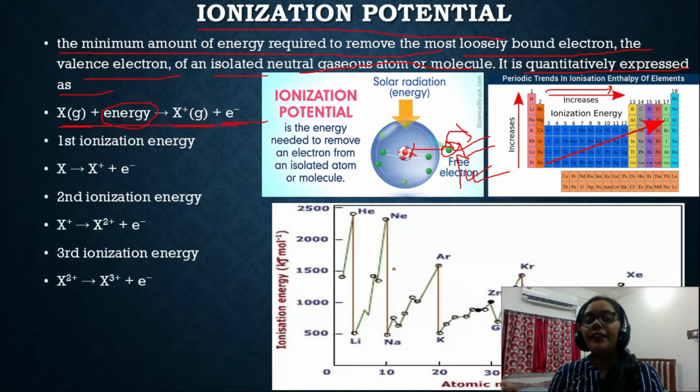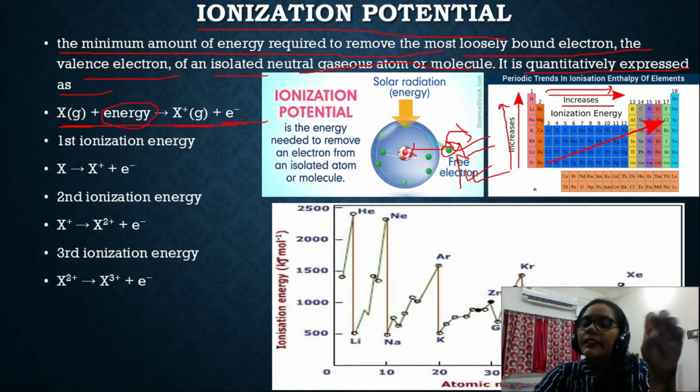We have to give higher energy so that the electron is removed from the outermost orbital. Understand? So from left to right along the periods, the ionization energy increases.